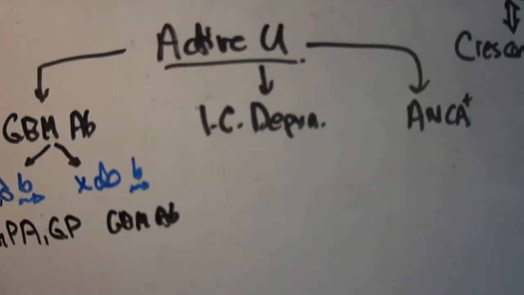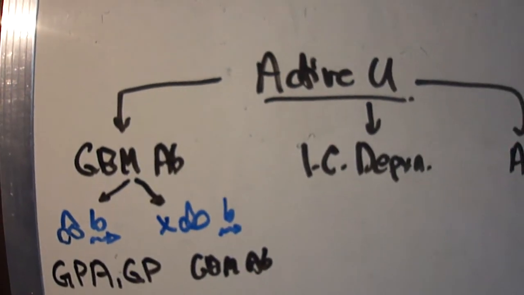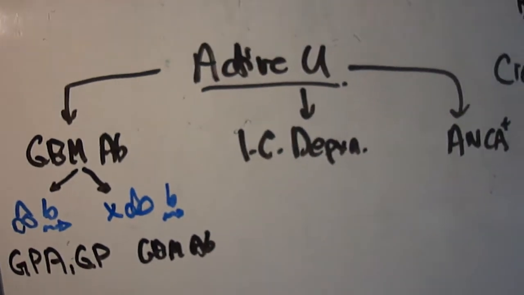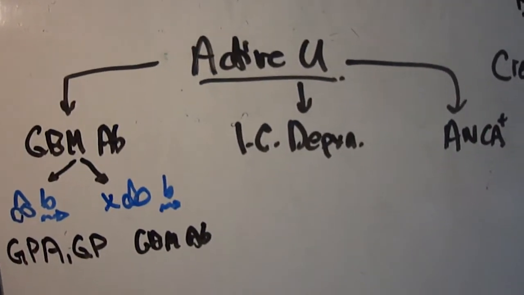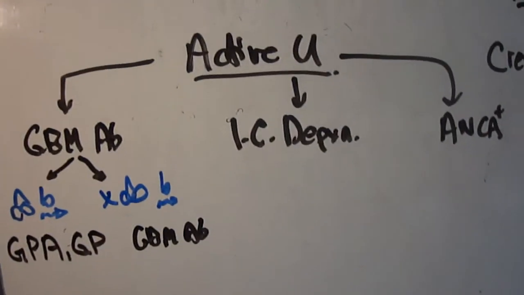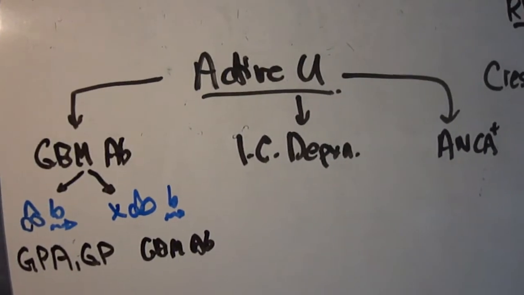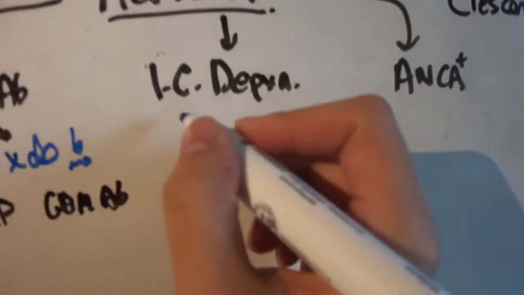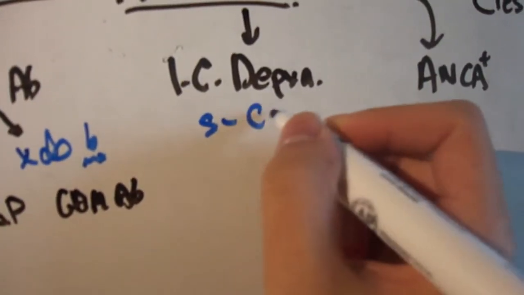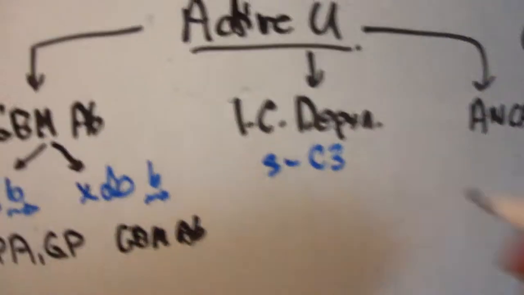So now there's the immune complex deposition. The way we look at immune complex deposition is by looking to see whether or not the complement has been deposited in the glomerulus. And the way to look at that is to look at the serum complement levels.